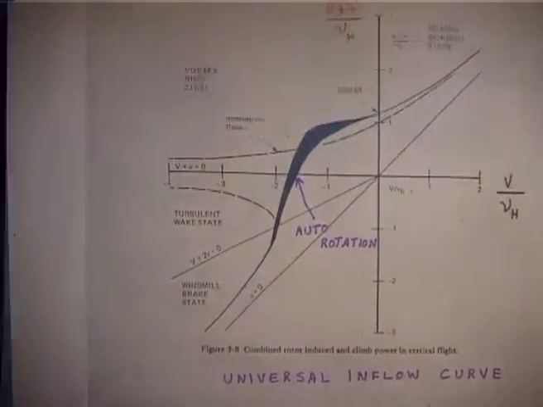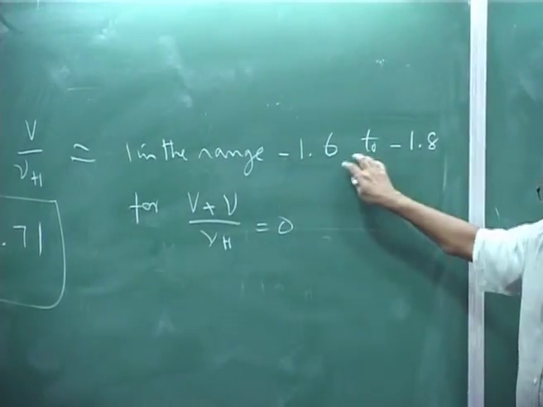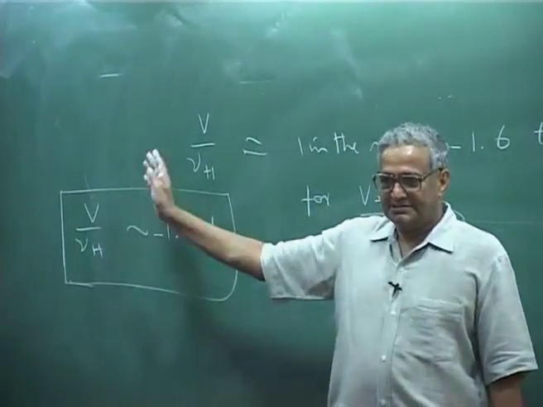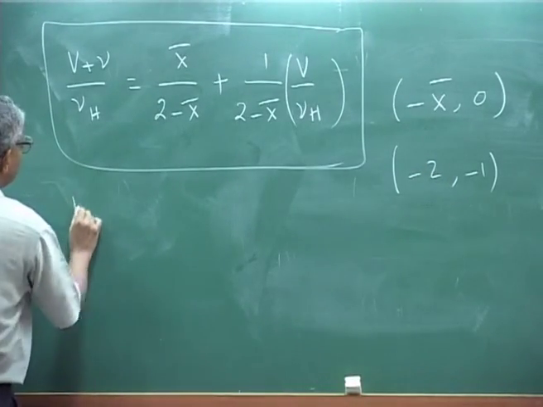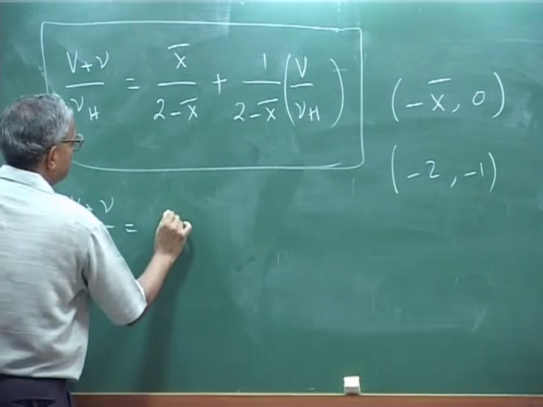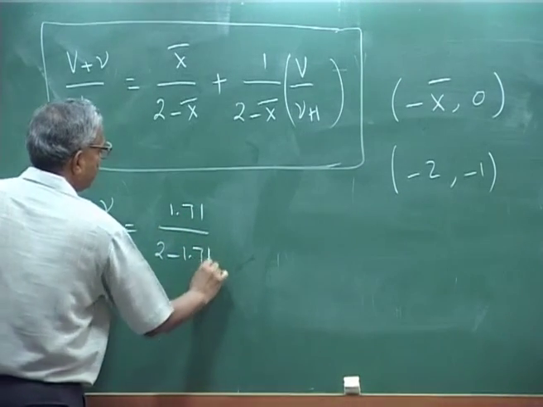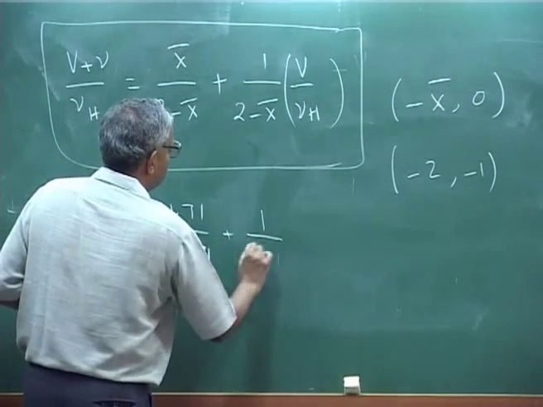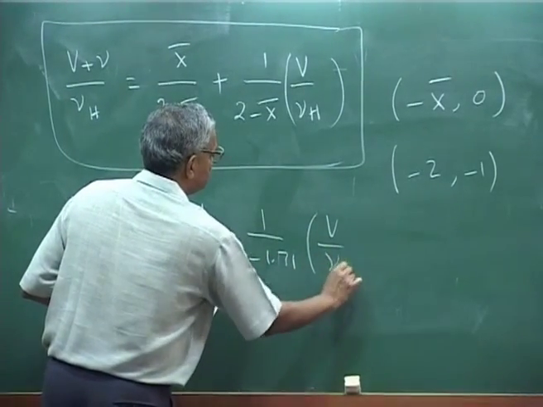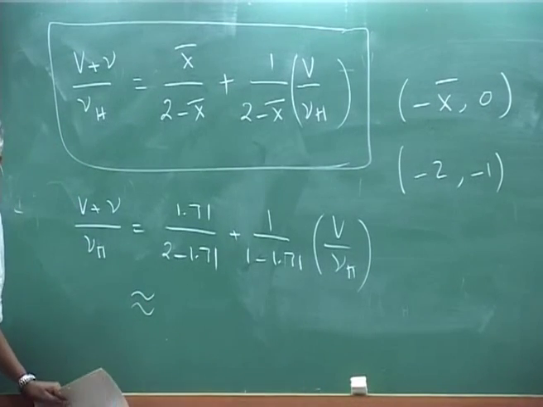And if you use x bar somewhere between these numbers, because x bar is what? Basically this, if I substitute 1.71, it will be approximately, say, divided by 2 minus 1 by 1 minus, approximately.